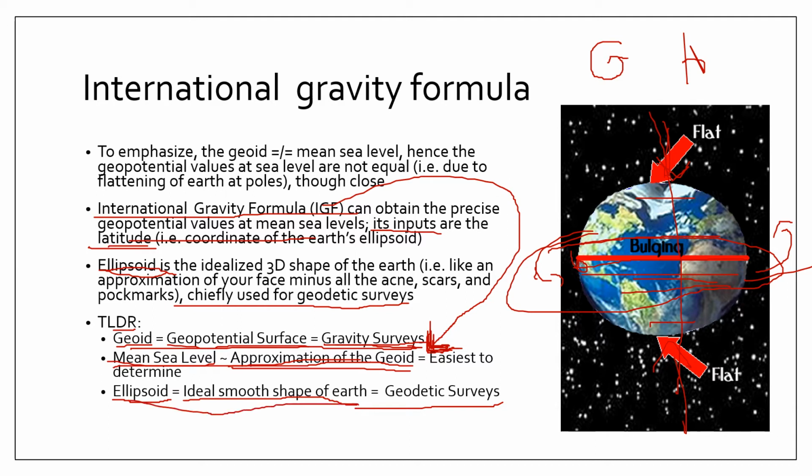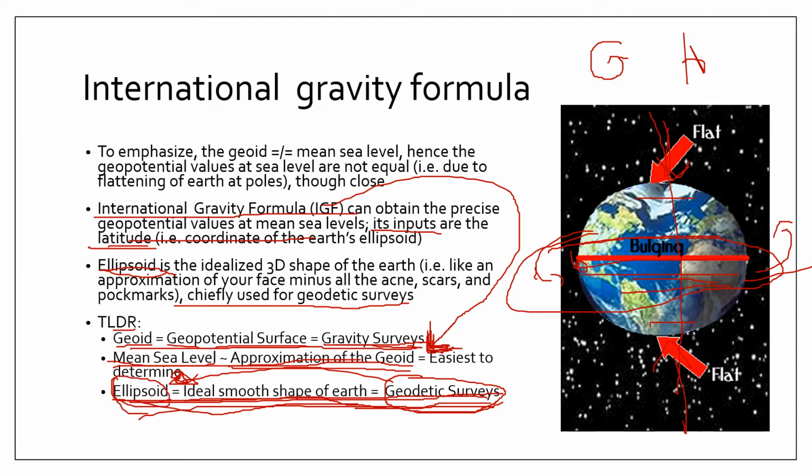And the role of the ellipsoid in gravity surveys is that geodetic surveys are integral to gravity surveys, and geodetic surveys need an ellipsoid model to properly make a systematic measurement or determination of the coordinates of their surveys.